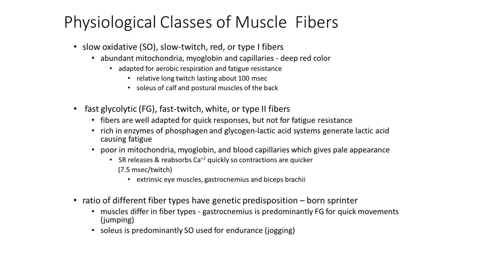They are adapted for aerobic respiration, and they are fatigue resistant. They are relatively slow, with twitches lasting about 100 milliseconds. They are found in the soleus of the calf and the postural muscles of the back.